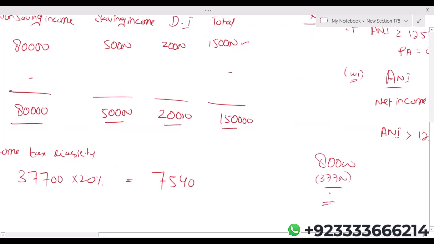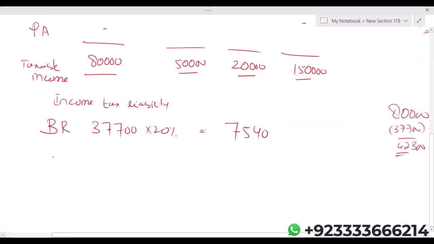Whatever comes falls in the higher rate band. 80,000 minus 37,700, I'm getting 42,300. So logically, this 42,300 falls in higher rate. Applicable tax rate is 40%, which gives 16,920.